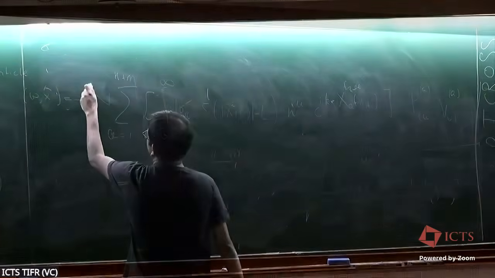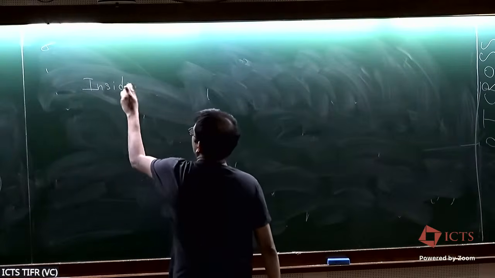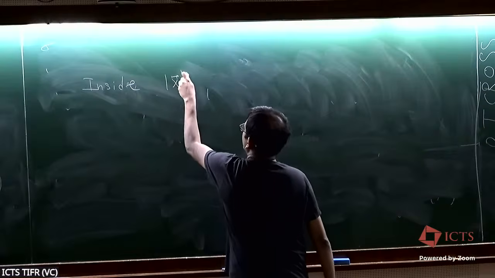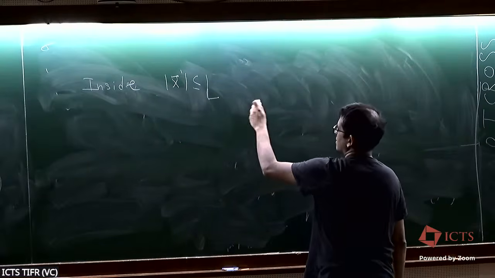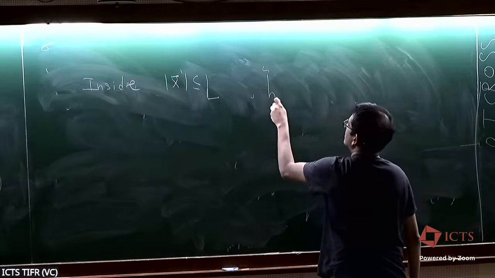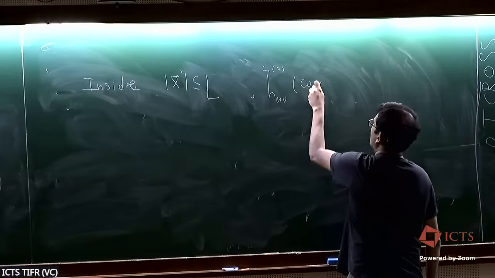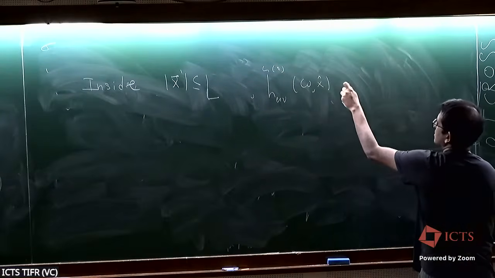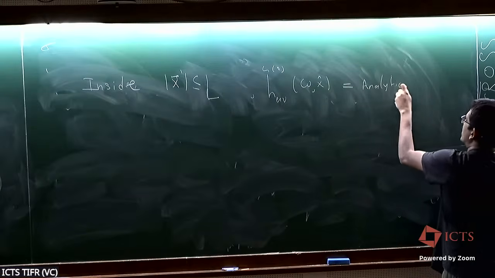So inside mod x prime less than or equal to L, if you do the Fourier transform, then this is analytic in omega or k.